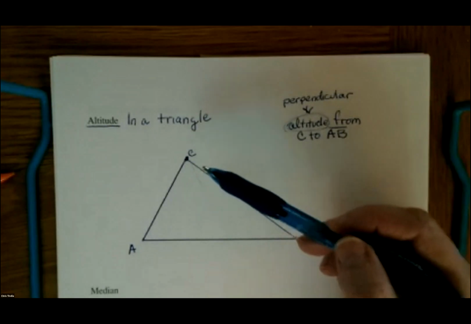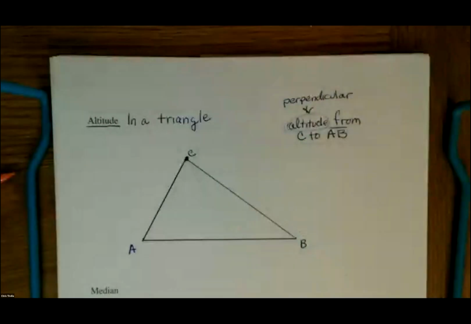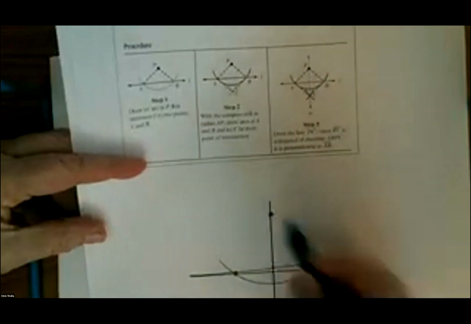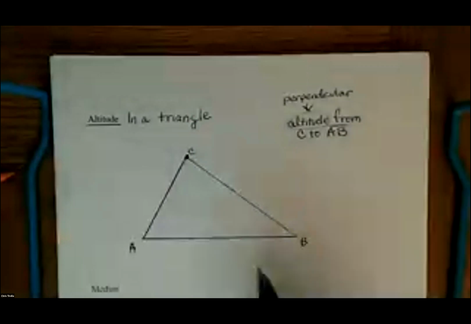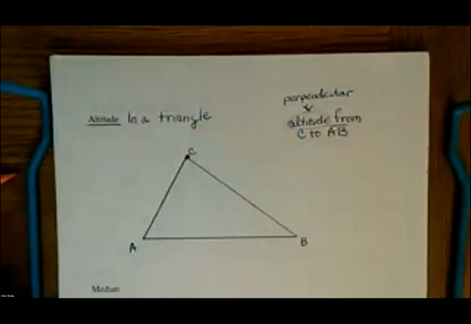And so we're going to do that construction that we just looked at for perpendicular to a line from a point off the line. The only difference is here the line is connected. The point is connected to the line to make a triangle. So we want a perpendicular from C to AB.